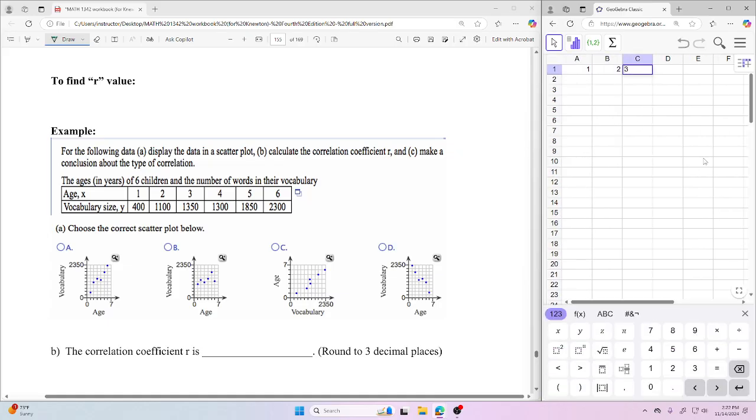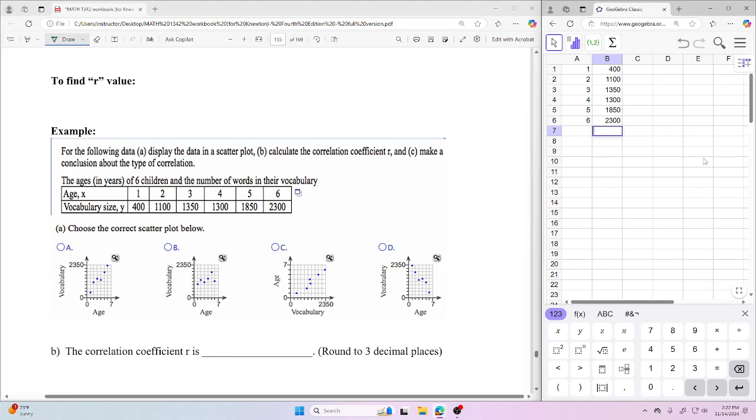So I'm going to put them in. 1, 2, 3, 4, 5, 6. 400. Yeah. Okay, awesome. So I had to put them in the right way, of course, going down, not across.